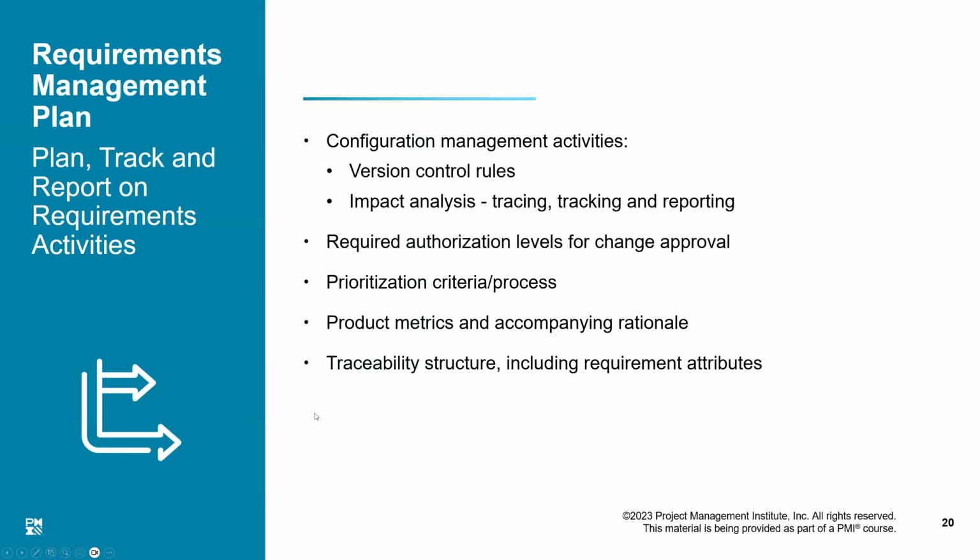Now, this traceability matrix could be part of the requirements management plan. And although requirement management is not a discipline as such, even in predictive project management, requirement management is not one of the knowledge areas.